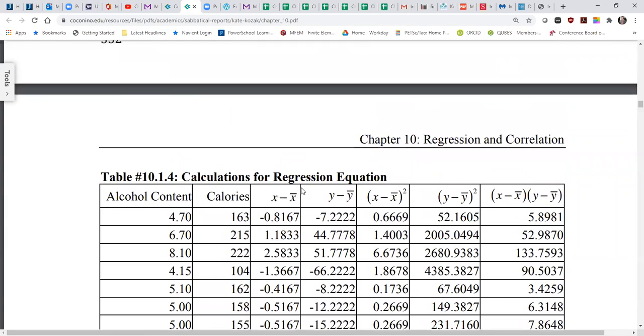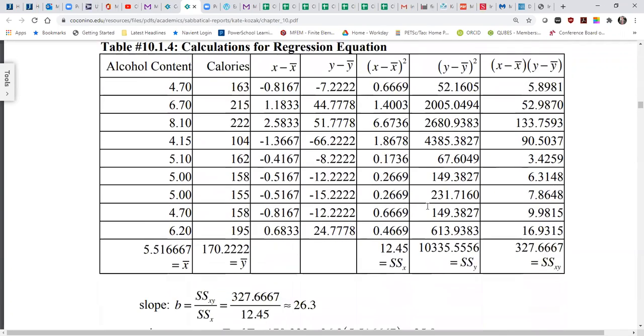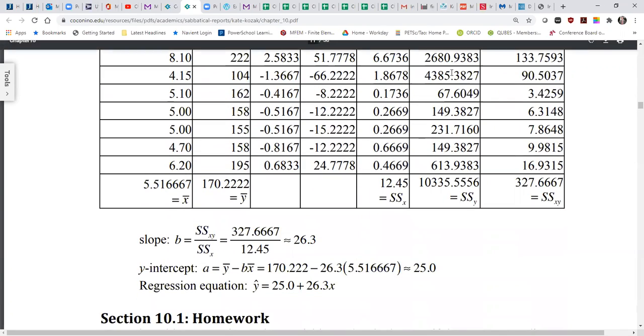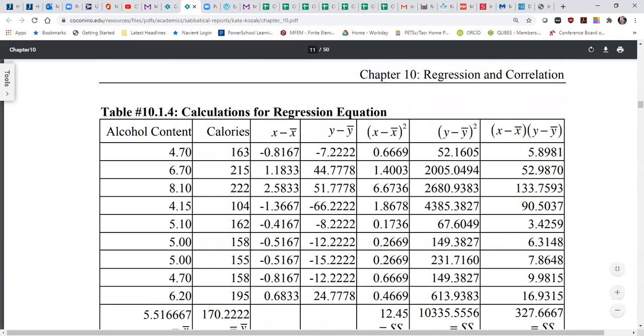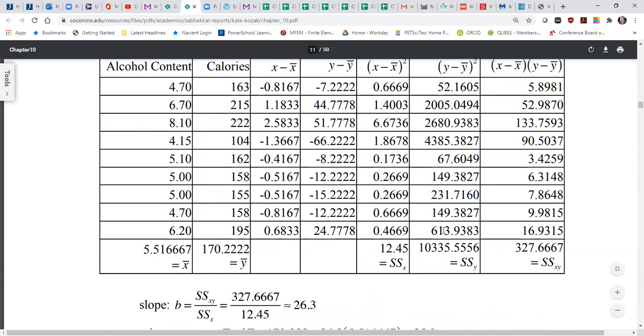Then you look for the difference between the x and the mean, and put it in this column. And the difference between the y and the mean, and put it in this column, okay? And then you can square them, or you can multiply them. If you add them, you get SSX. If you add this one, you get SSY, right?